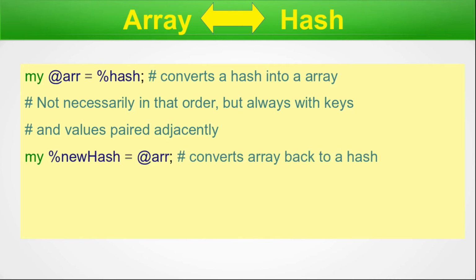Then my %new_hash = @array converts an array back to a hash. Here one thing is that the array elements should exist in pairs, so there should not be any unpaired array element. The consecutive array elements will be treated as key and value, so key 1 value 1, key 2 value 2, like that, when creating the new hash from the array.